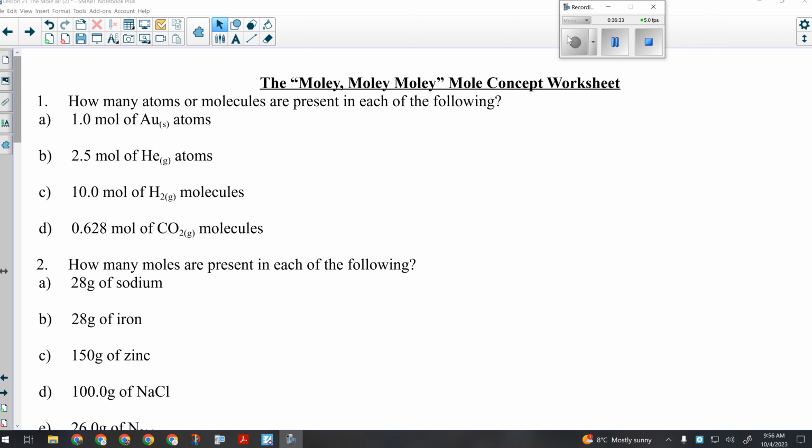And then 0.628 moles of CO2 molecules, 0.628 times 6.02 times 10 to the 23. That's all you have to do to calculate the number of particles, multiply the moles by Avogadro's number. And it doesn't make any difference what material is here, because Avogadro's number applies to everything.